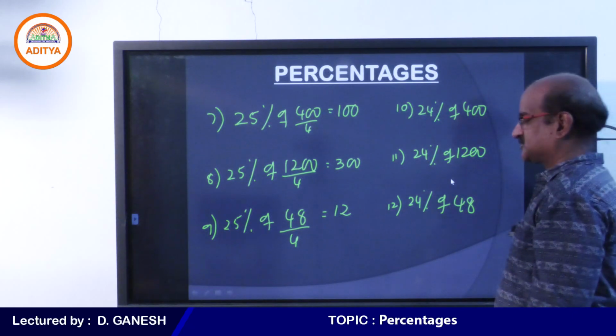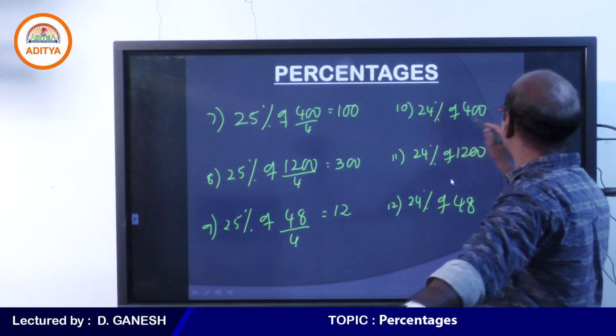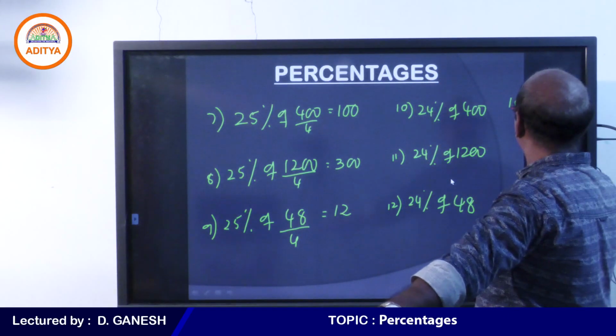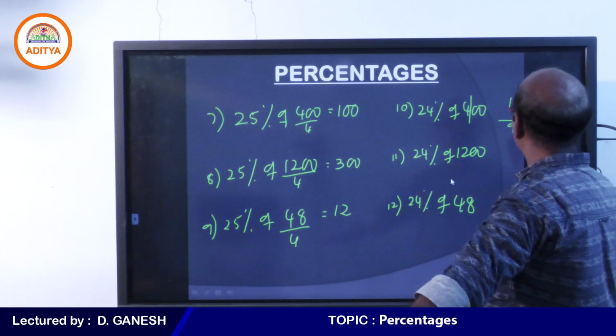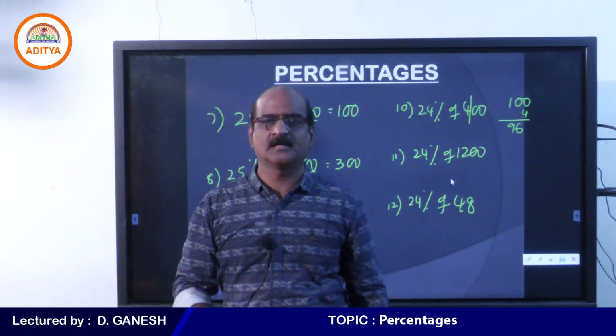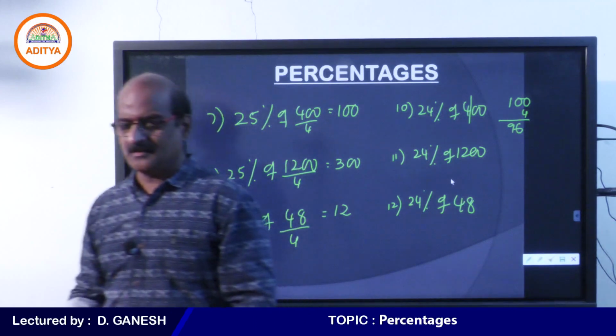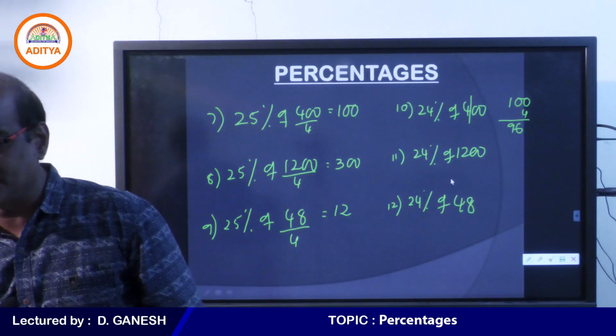Student, if you want to get 24%, the simple technique is, you know what 25% is and you subtract 1%. 1% of 400 is 4, and from 25% if you subtract 1%, you will get your answer, 96.